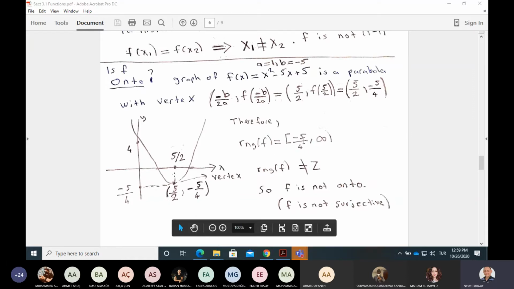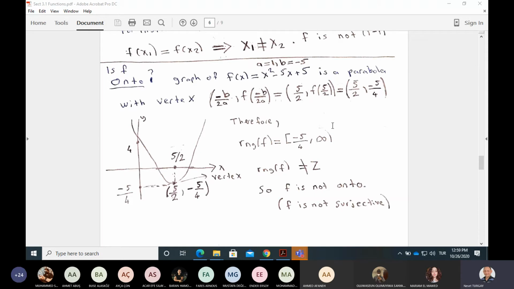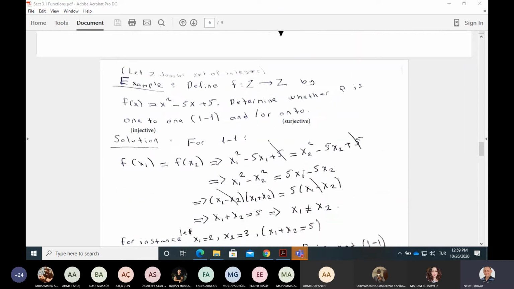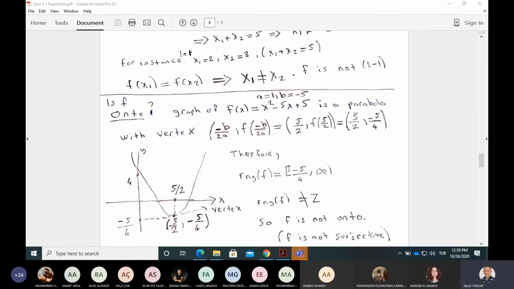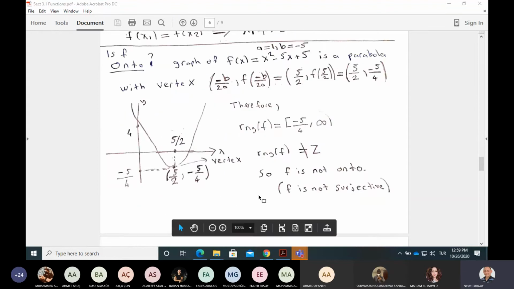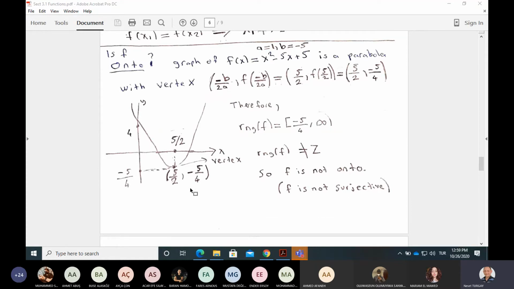So your range is the interval closed from the left, minus 5 over 4 to infinity. So with this information, we understand that the range of f is not equal to Z, the target. So we say that it is not onto, or not surjective. Do you understand this question?